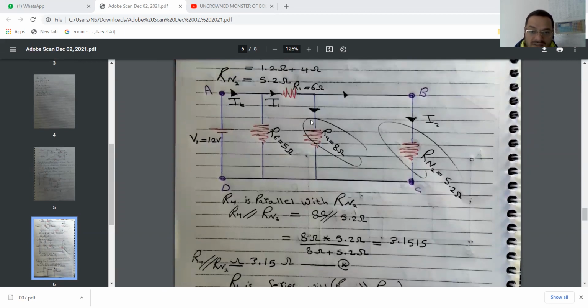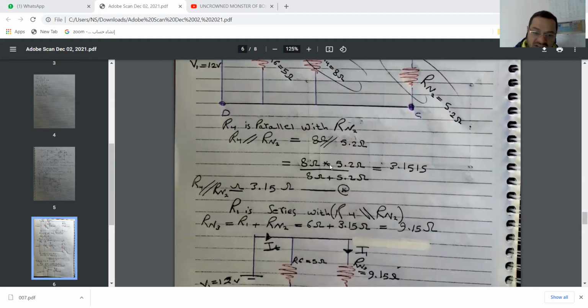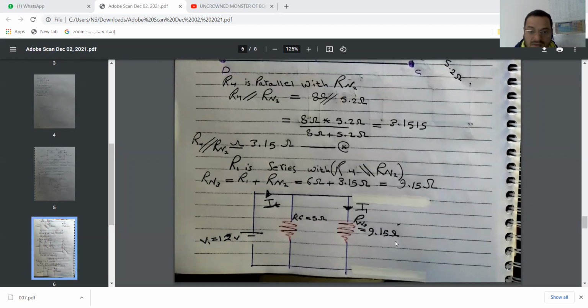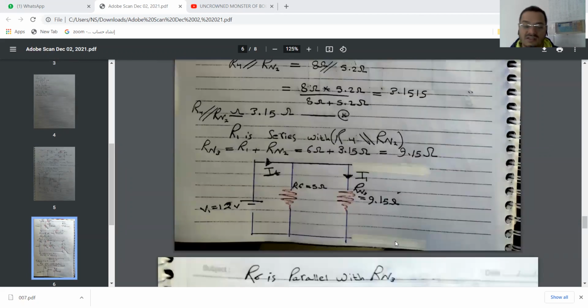R1 and Rn3 will be series. R1 is series with the parallel of R4 and Rn2, which will be Rn3 like that. Now we have 2 resistances instead of 6.